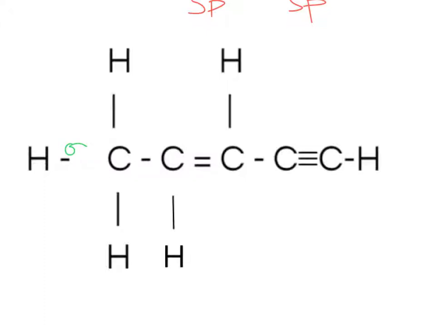So sigma, sigma, sigma, and so on. Sigma, here I have a pi and a sigma, another sigma here, a pi, and a sigma, and then another sigma over here. Oops, I forgot these two, sigma, sigma. So that's one layer to consider.